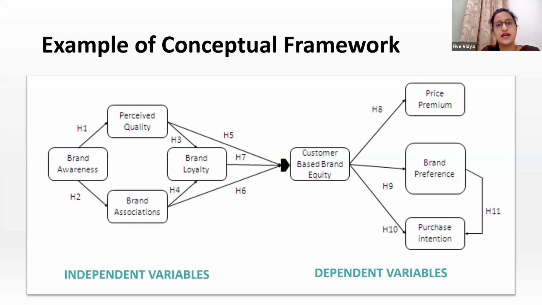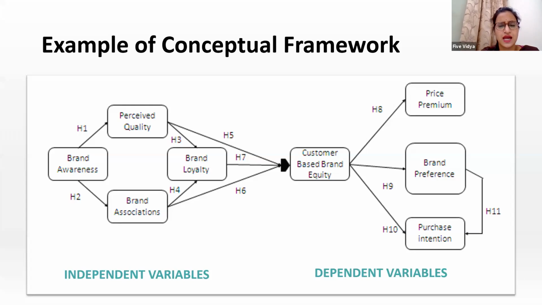To answer that question, you should have a good literature review done and a research gap identified. Then only you can answer that question well. So even if you are preparing your research proposal, you should have a good LR done, and the research gap should be identified very carefully.